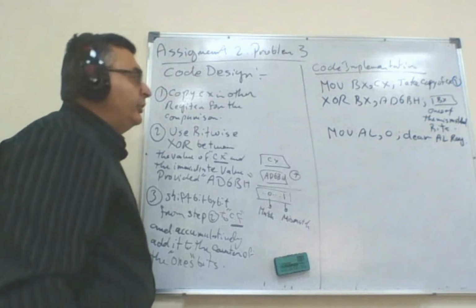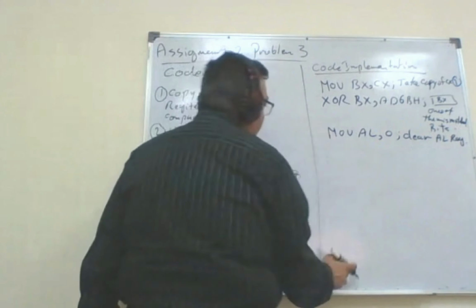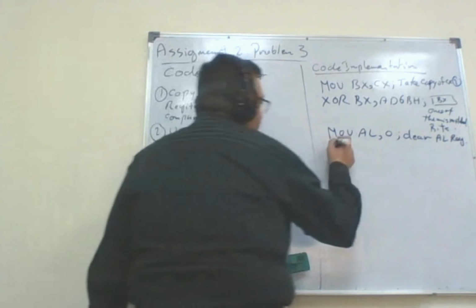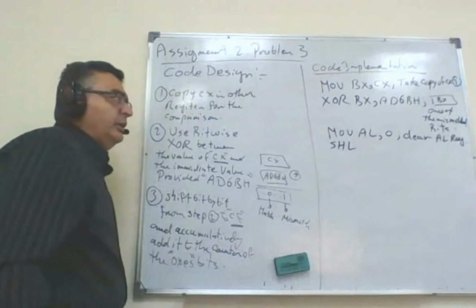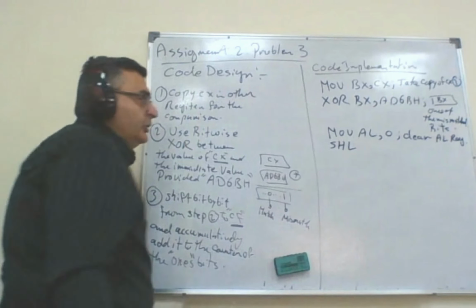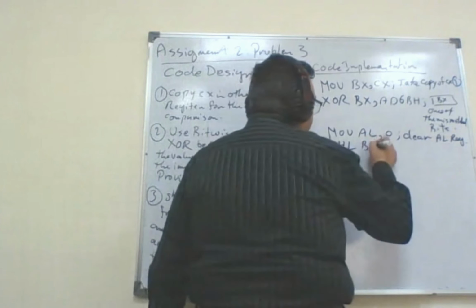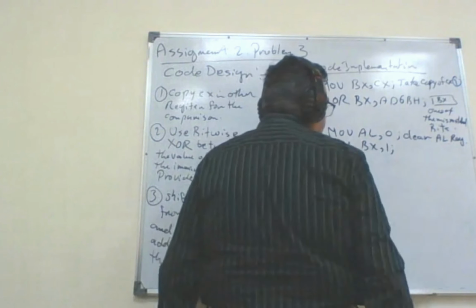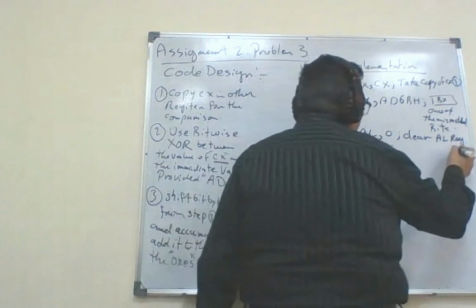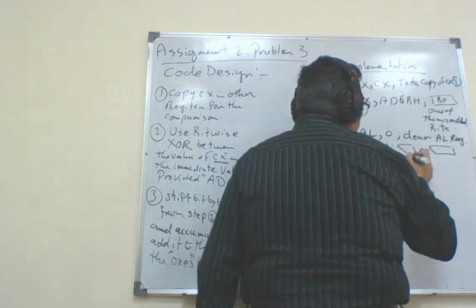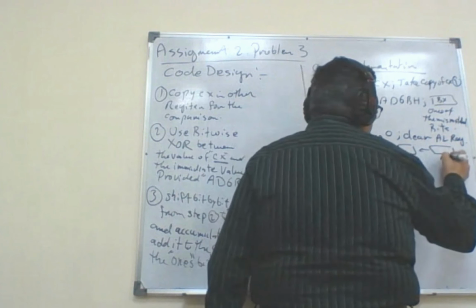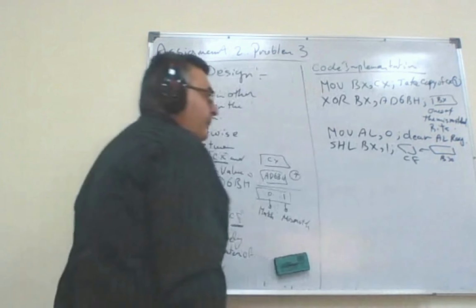Then I will go into a process that I will repeat 16 times, shifting in any direction, either left or right: shifting BX, 1. So now the most significant bit of BX will be shifted into the carry flag.